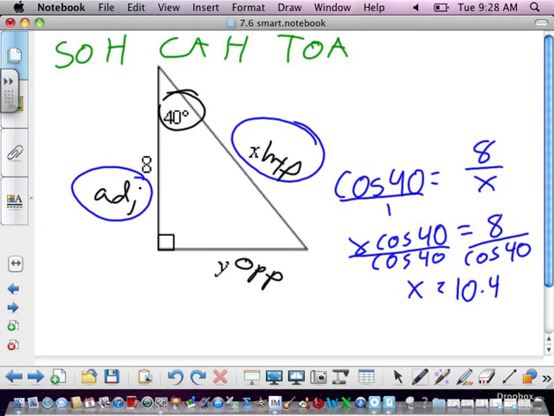We get 10.4433. A lot of times it'll just tell us to round to 2 decimal places. We're rounding to 4 here. Oh, actually it says round to the nearest tenth. So we can fix that. The tenth is the first one, so it would be just 10.4.